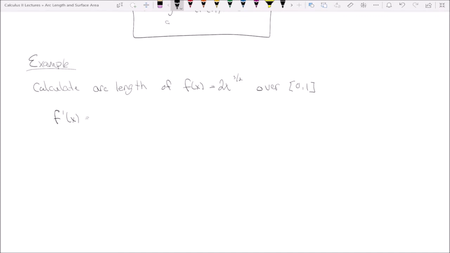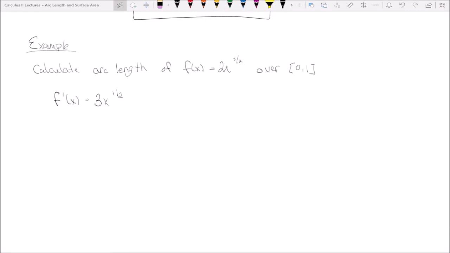So that'd be what? 3x to the half. Okay, so our arc length is the integral from 0 to 1, square root of 1 plus 3x to the half squared dx. Right? Well, that's the integral from 0 to 1, square root of 1 plus 9x.